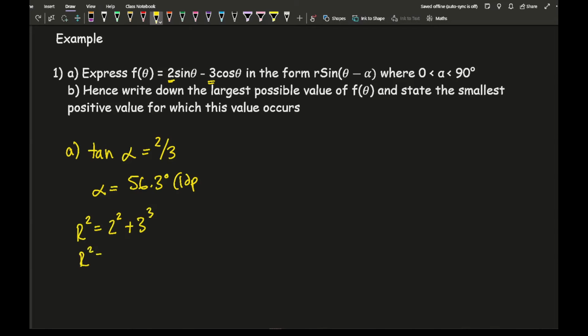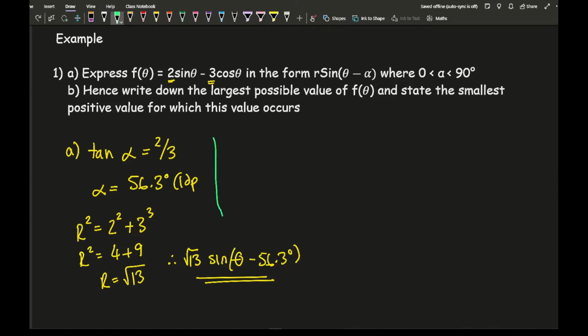R squared equals 4 plus 9, which is 13, so R equals root 13. Writing it into that form, f of theta equals root 13 sine(theta minus 56.3 degrees), and there is my final answer.